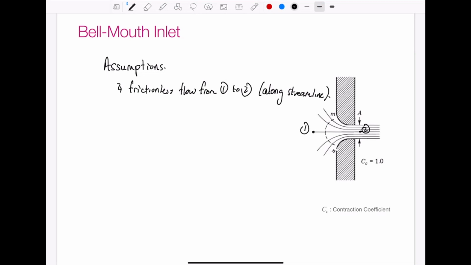Which is a reasonable assumption for a smooth pipe and a bell mouth inlet. So this is reasonable.